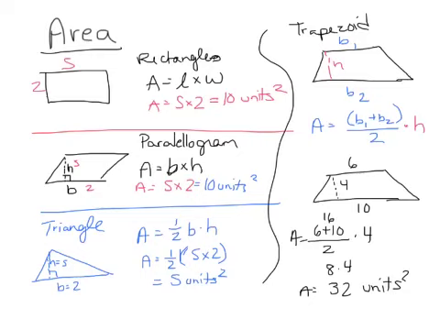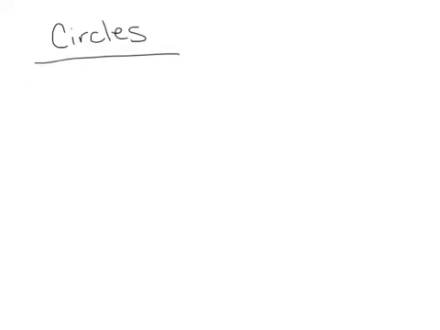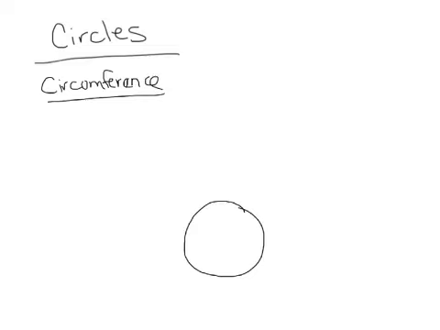We're going to go one step further. This operates a little bit differently. Just to review from last year, because a circle is round shaped, we can't talk about perimeter, so instead we talk about circumference. Circumference is given by taking pi, or 3.14.